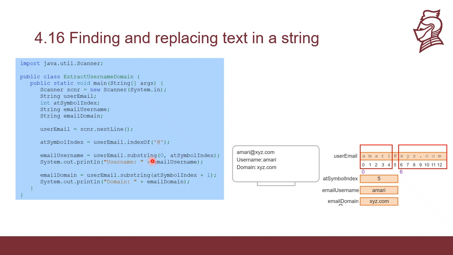Like in an email address, it's going to be xxxxxx at such and such. So this would get me everything before the at, right? From 0 to the at symbol index. So I use substring to pull that out. Index 0 to whatever the index of the at is, right? And then I can grab that out of there, and I know that's going to be the username in the email address. Okay.